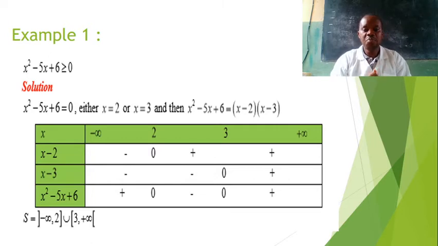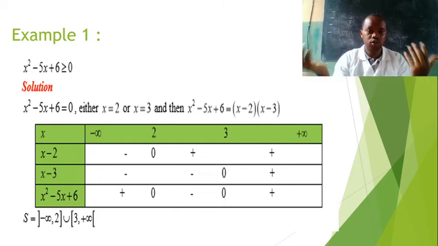From positive 3 up to positive infinity, we choose any number as we did for the previous factor. That means we choose any number between 3 and positive infinity exclusive. For example, you can choose 5, 4, 10, and so on.